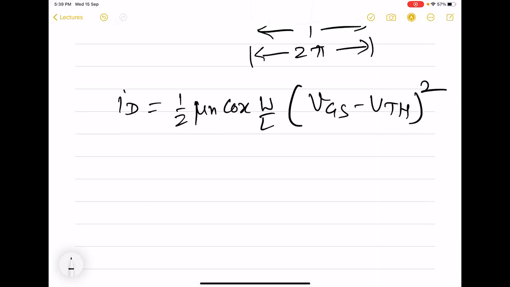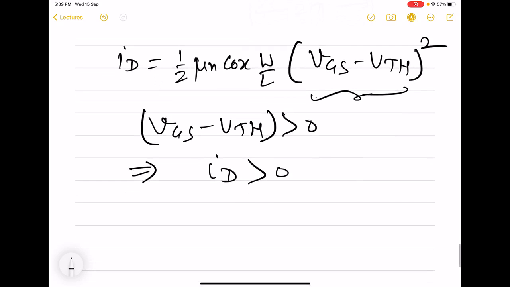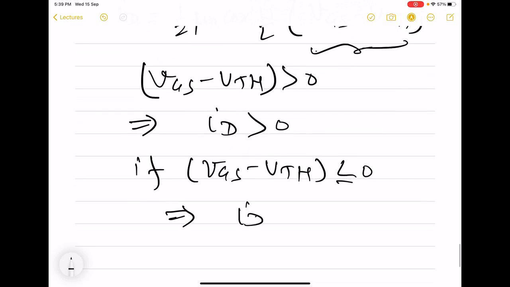Here we see that only when this quantity VGS minus VTH is greater than 0, only then will non-zero drain current exist. And if this VGS minus VTH is less than or equal to 0, that will imply the drain current to be 0.